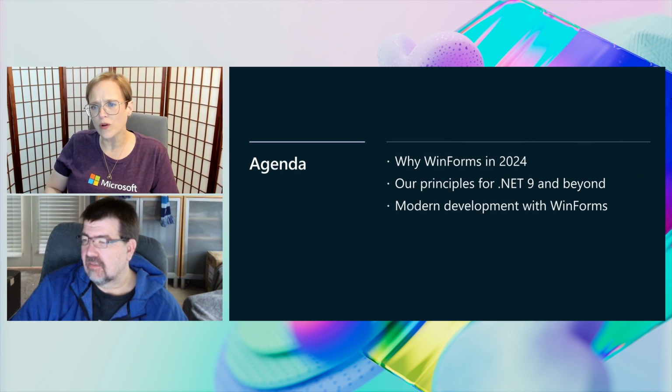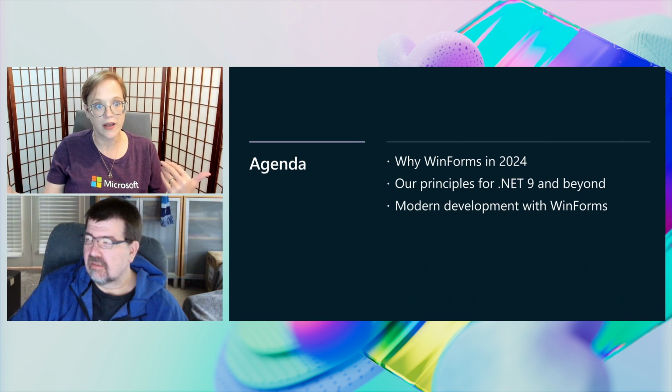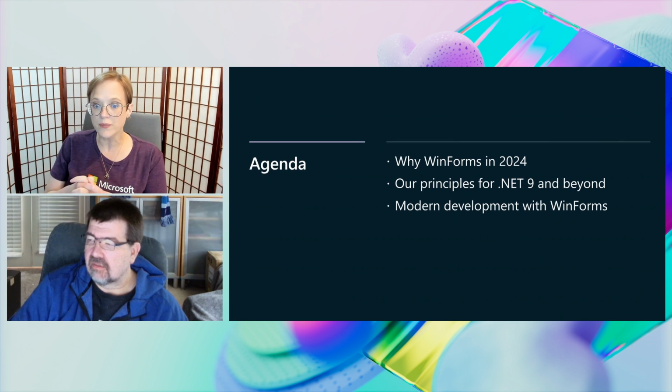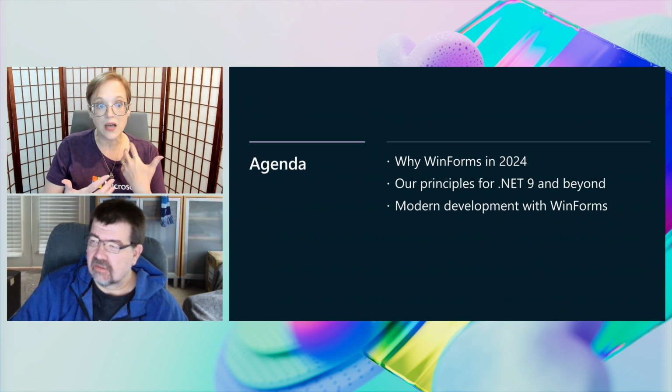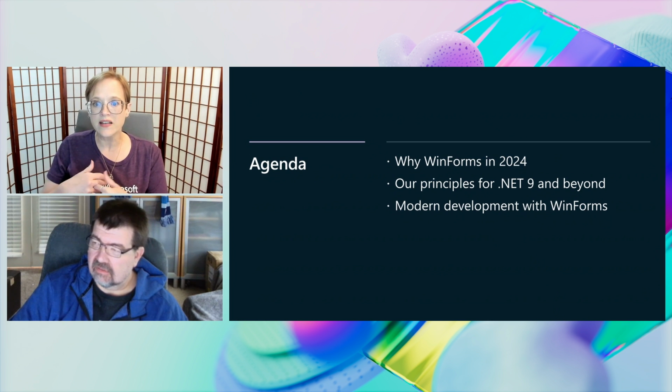What we're going to do today is talk about WinForms in .NET 9 and our thoughts about moving forward in this modern age. So we'll start with a little bit about, well, why would we do WinForms in 2024? Get into some of the principles about what we're looking for as we decide new features for .NET 9 and beyond, and give you some examples of how you can do modern development with WinForms.